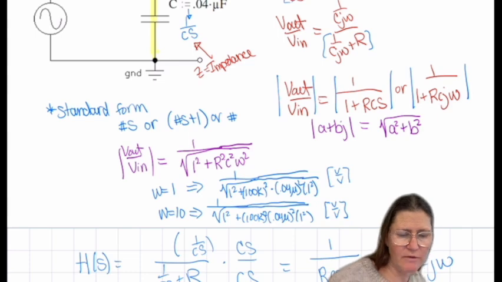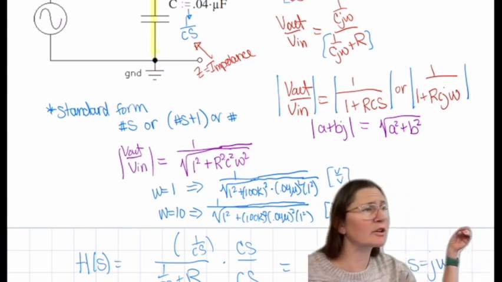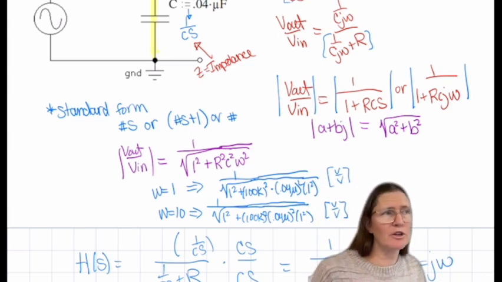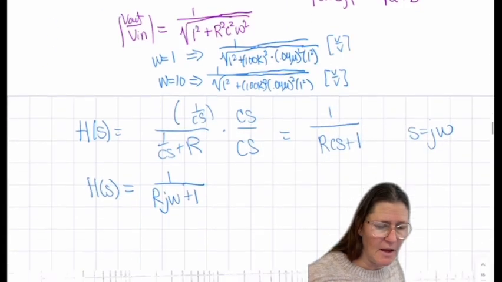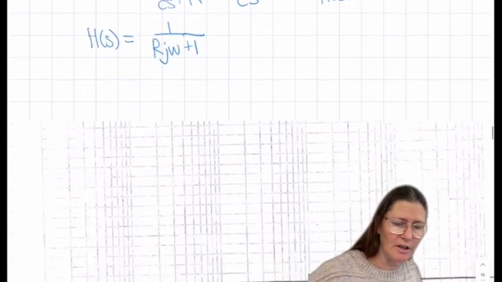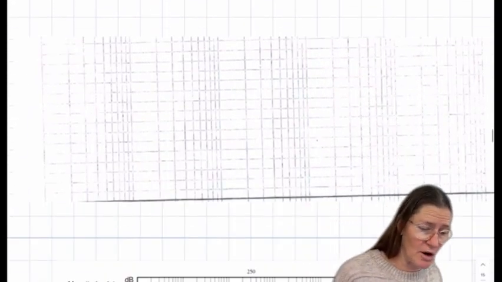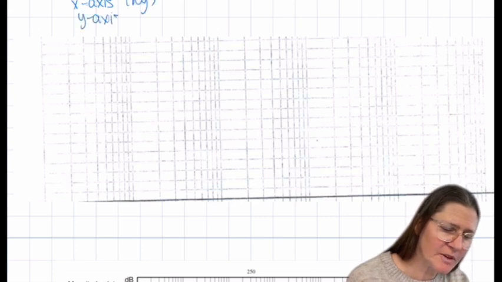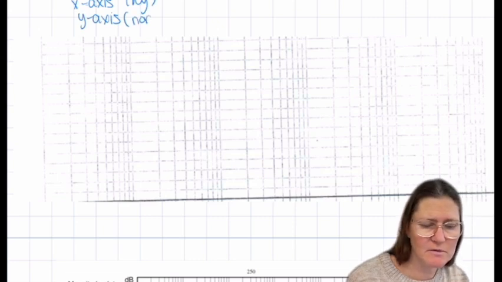When we solve the circuit, the default unit will be volts per volt that we find. Then we would need to convert it over to dB, and then we would graph it on a graph such as this. On the x-axis is a log, and the y-axis is normal. This is called a semi-log.